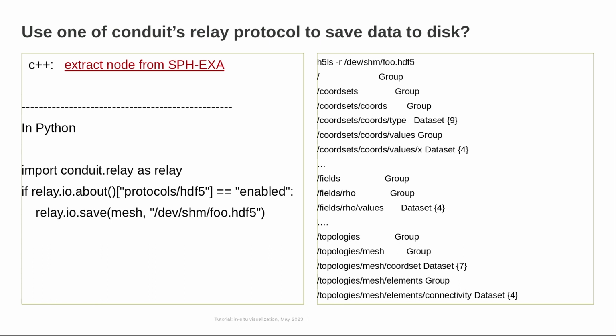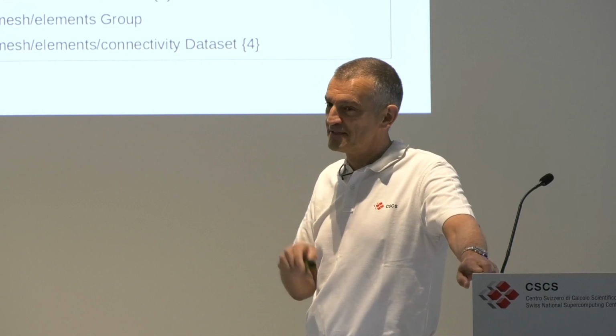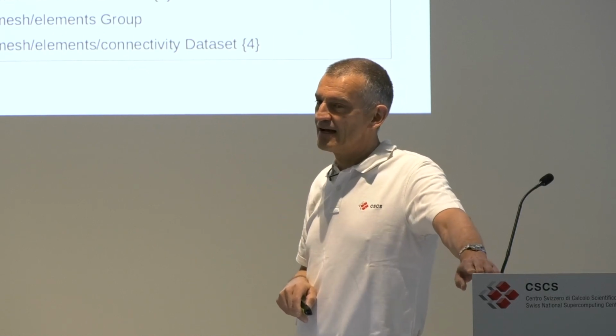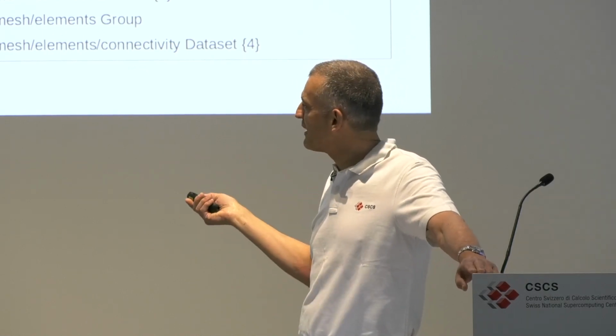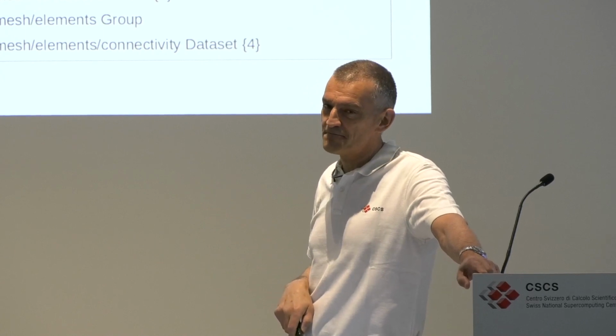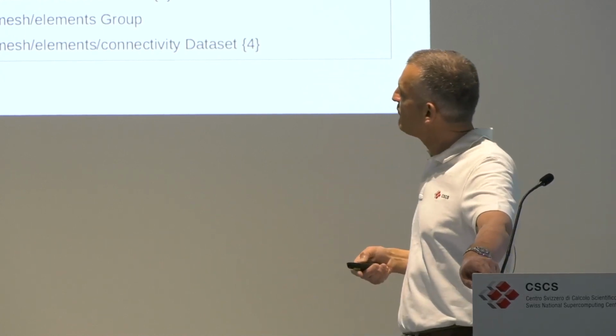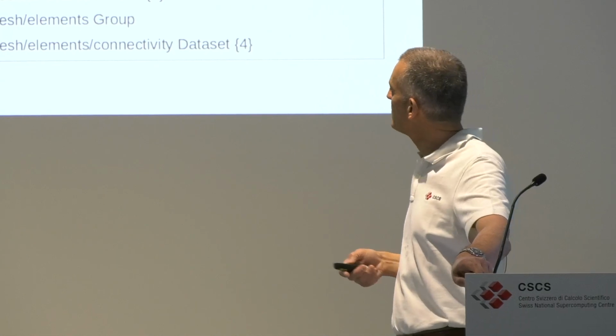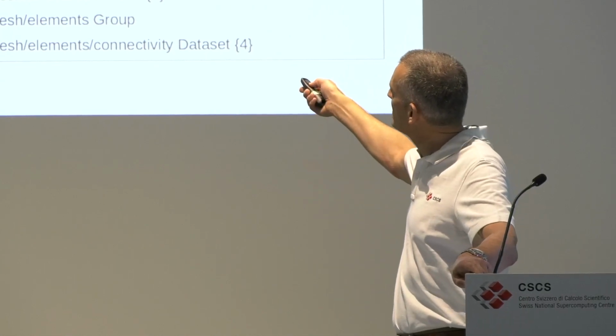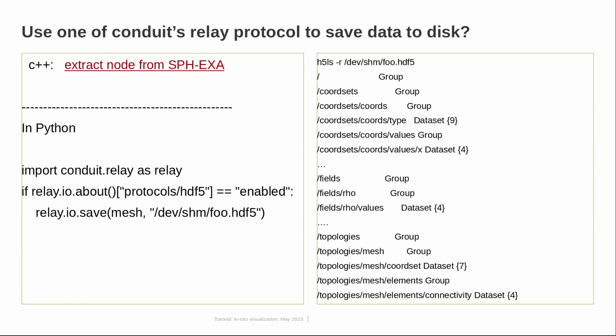Remember I told you that some of the developers of the Ascent code are from the team that developed the VisIt application years back. So this is why there is one-to-one support for this particular format, the HDF5 Blueprint. And this would be the content of the HDF5 file.